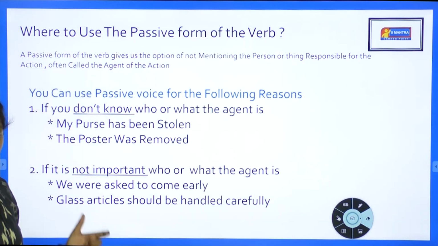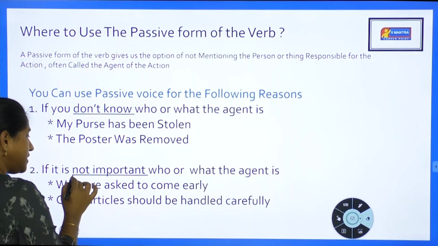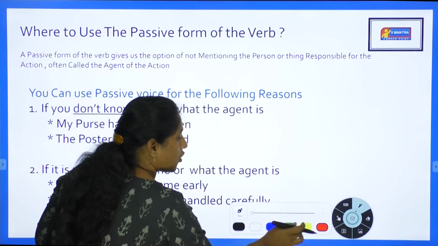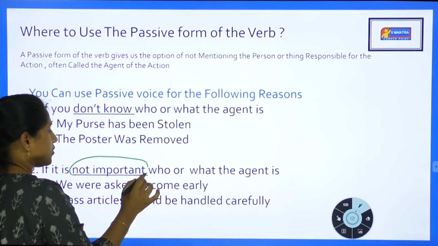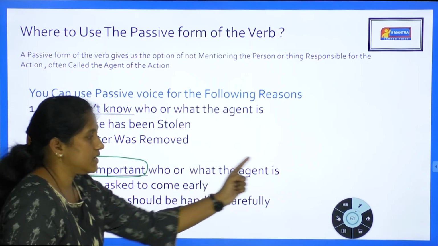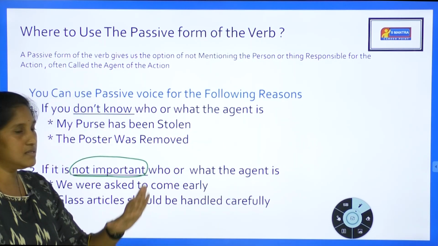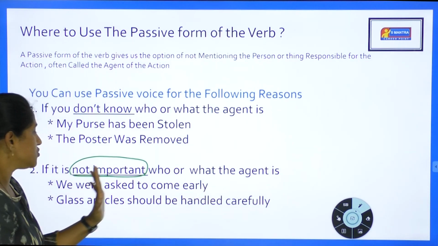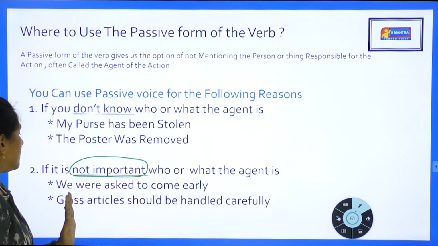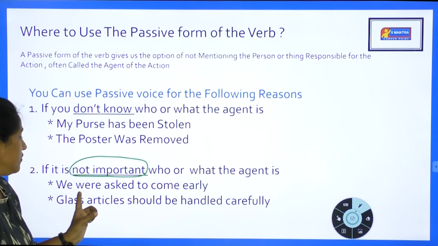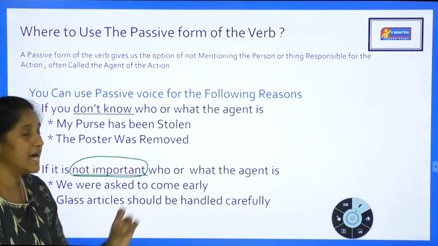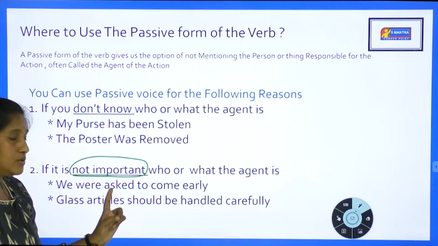Okay. Next case. If it is not important who or what the agent is. Agent means doer of the action. If it is not important, if you see the example, we were asked to come early. We were asked to come early.